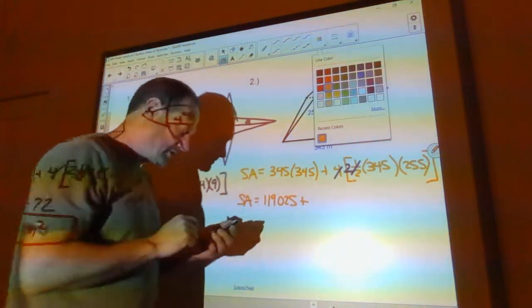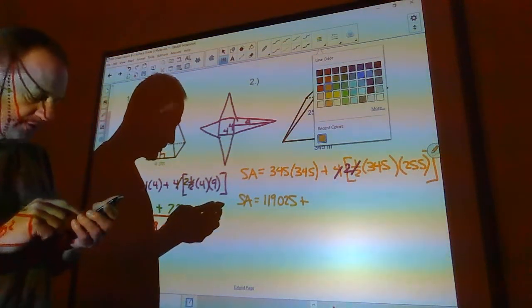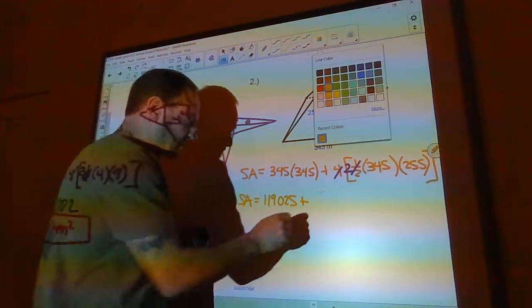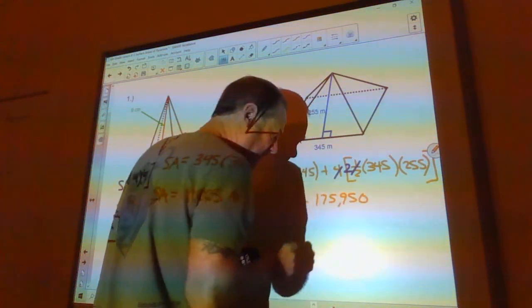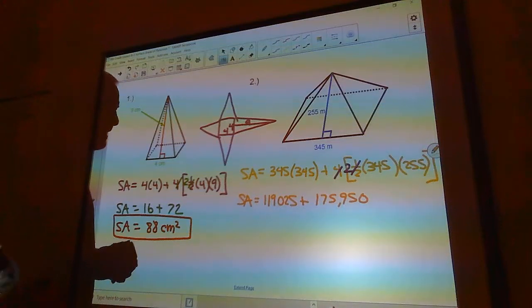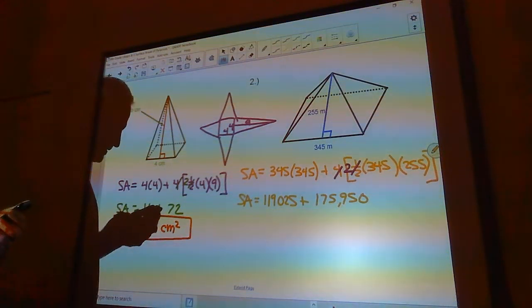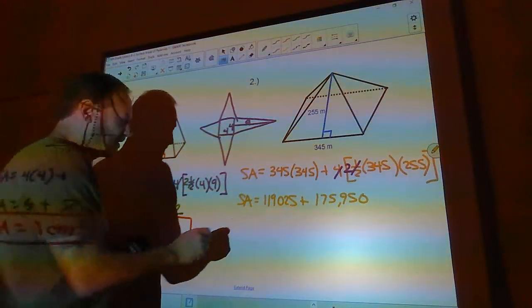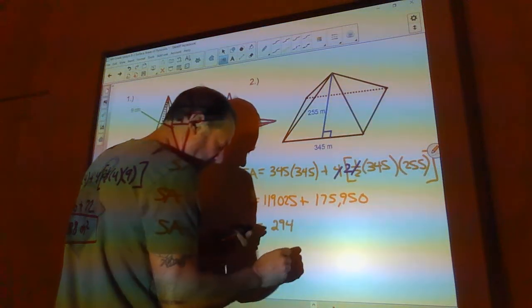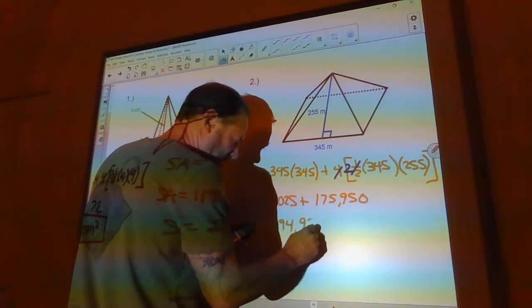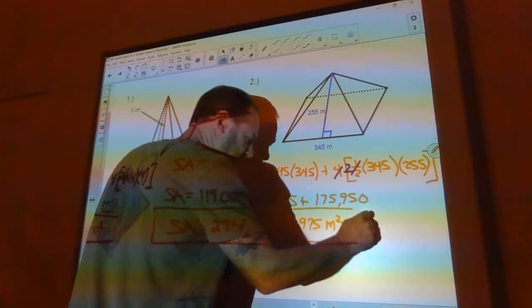So this is going to be 2 times 345 times 255, which is 175,950. Now I just have to add those two things together, so plus 119,025, and my surface area comes out to be 294,975 square meters. Very, very large pyramid.